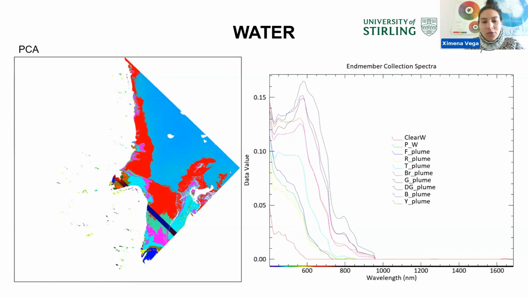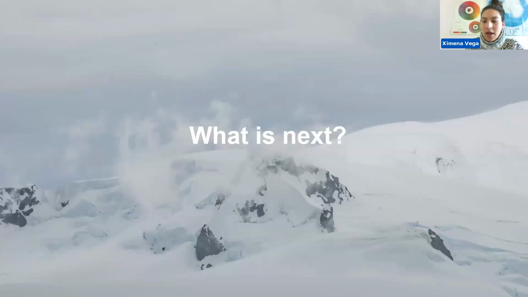The thing is that, of course, this is a relatively new product, Prisma, these hyperspectral images. And for that, it is super necessary to go to the field to characterize all these waters and also land, both snow, ice, and ground, to get all these specific spectra to validate and improve these fantastic products that we have available for us.